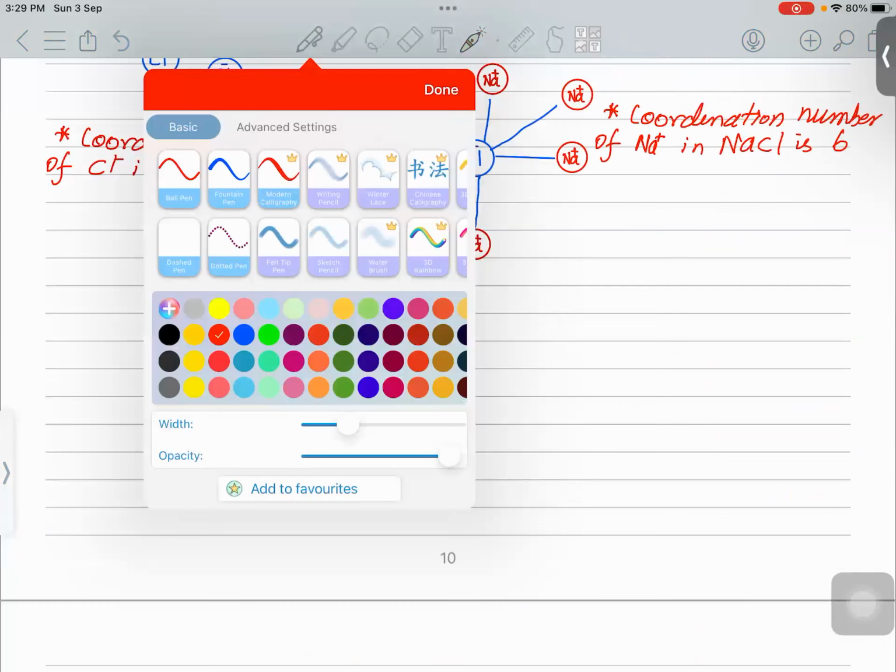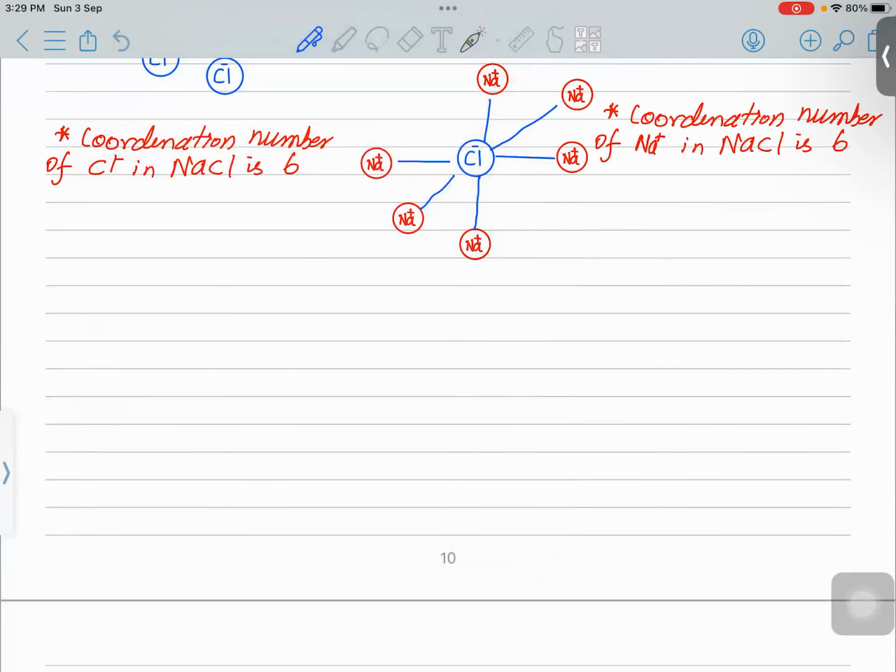Next is physical properties of ionic compounds.